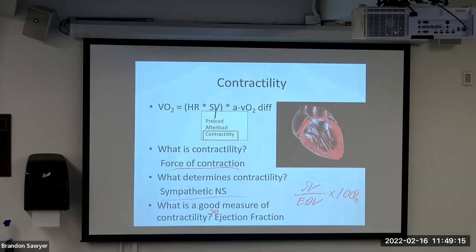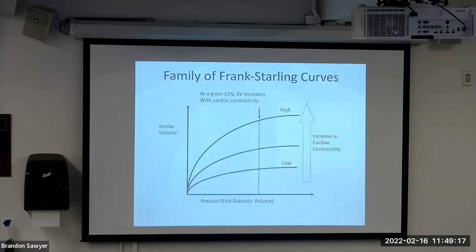All right, so when we look at that in terms of the Frank-Starling curves that we looked at before, again, that was preload or end diastolic volume versus stroke volume. We know that as preload goes up, stroke volume goes up, especially in the early parts of this curve. It goes up a lot. Stroke volume goes up for a little bit more end diastolic volume. But there's also this other factor.